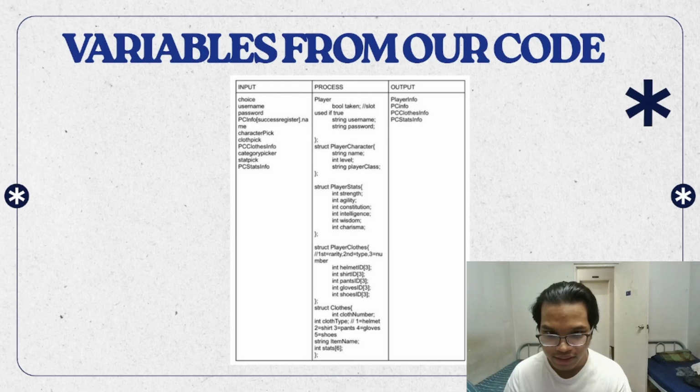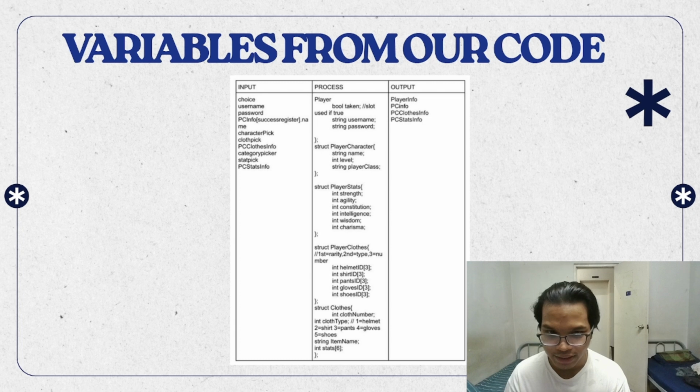Then, we inserted helmet ID, shirt ID, pants ID, gloves ID, and shoes ID, all of them with an array of three, inside of struct named player clothes, which has first for rarity, second for type, and third for number.